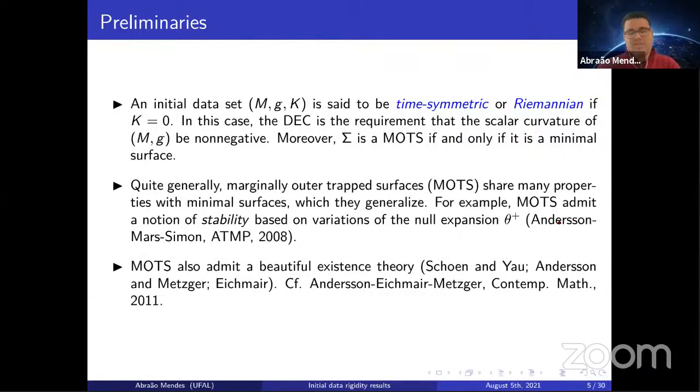Because of that, it's not surprising that marginally outer trapped surfaces share many properties with minimal surfaces, which they generalize. For example, MOTS admit a notion of stability based on variation of the null expansion, due to Anderson, Mars, and Simon. Also, MOTS admit an existence theory due to Schoen and Yau, Anderson and Metzger, and Eichmair. We are going to use this result in the proof of the main result in this lecture.